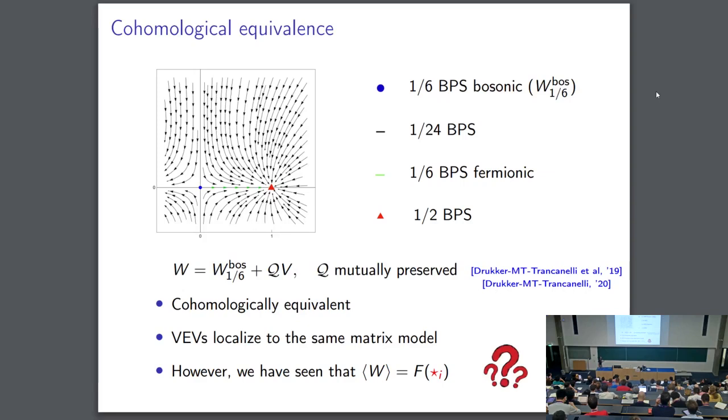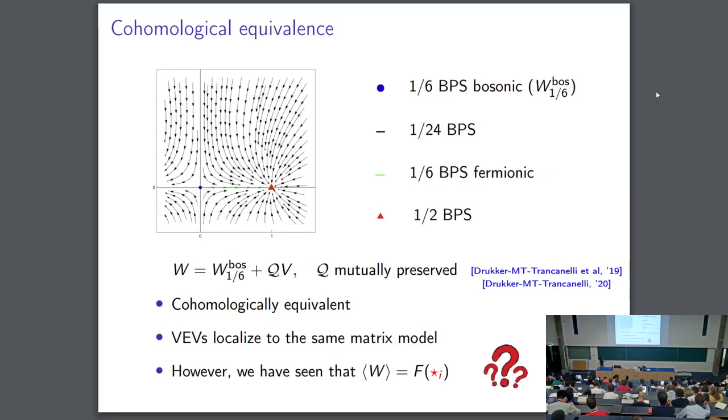So this means that every W that we reach in this plane can be written in terms of the origin, W_bos 1/6, plus Q acting on some matrix V. And this Q is mutually preserved by W_bos and whichever W you reach with your deformation.